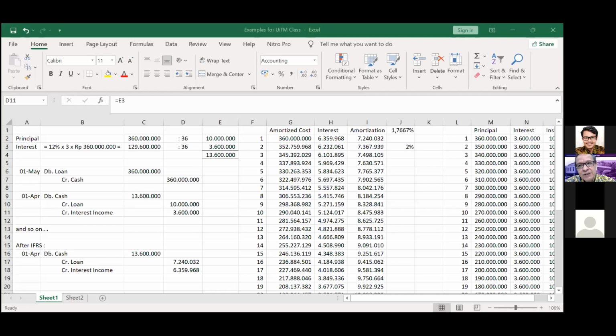As you know, the pandemic started in January 2020. So there were two events at the time that made the bank profitability drop in 2020. One is the pandemic, the second is the implementation of IFRS 9.